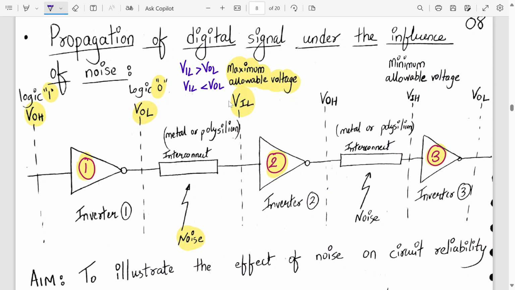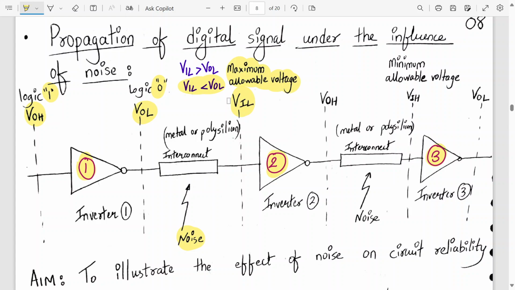Is the signal correctly interpreted as logic 0 by inverter 2? Yes. The input is low, right? So VIL less than VOL means my input is correctly interpreted as logic 0 at the input of inverter 2. It is logic level 0, input low. So if VIL is less than VOL, then the input of inverter 2 is correctly interpreted as logic 0.